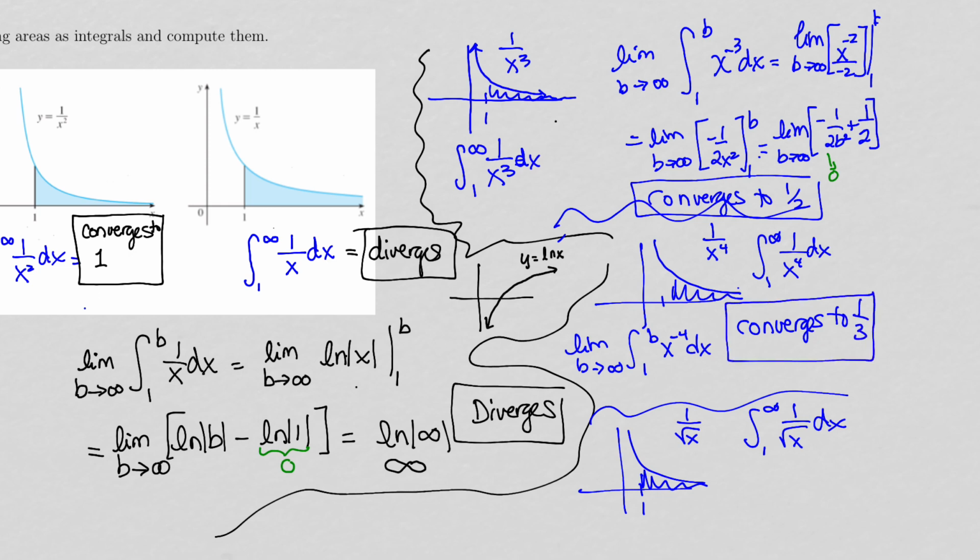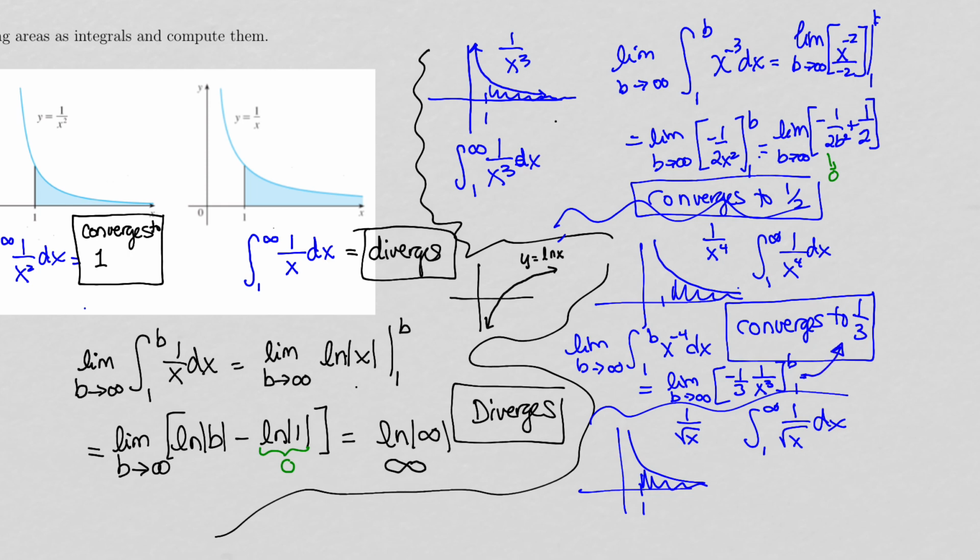Yeah, -1/3 infinity to the -3 plus 1/3 1 to the -3. And then you plugged b in, right? Yeah, that's what I have here. And so you got plus 1/3 at the very end? Very nice. Very good.